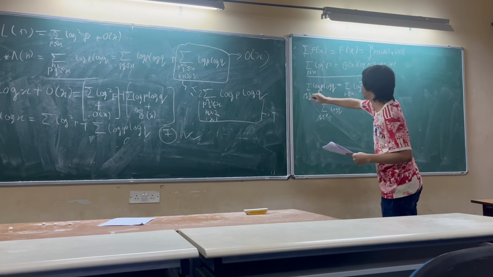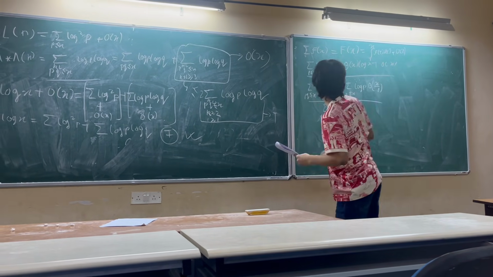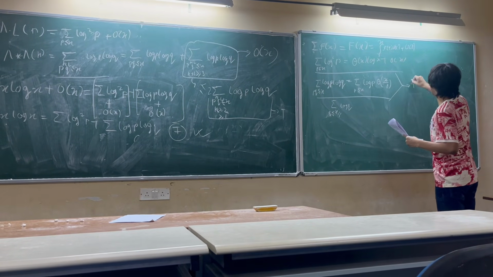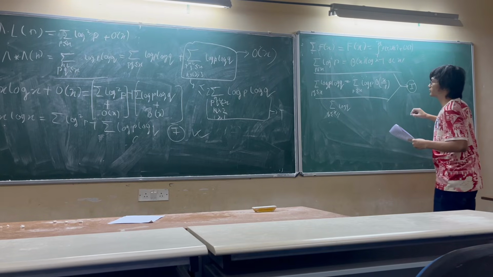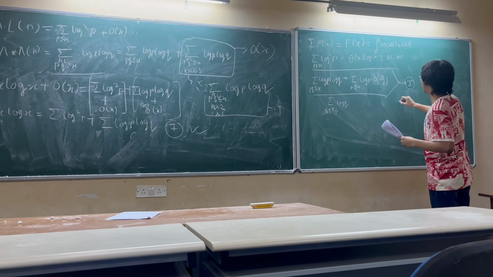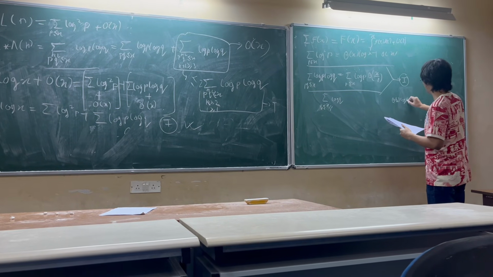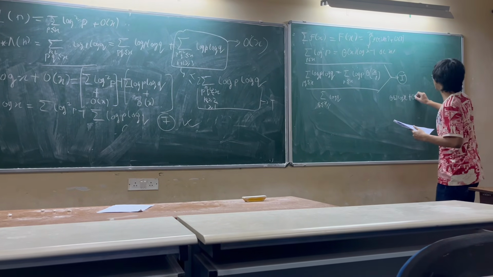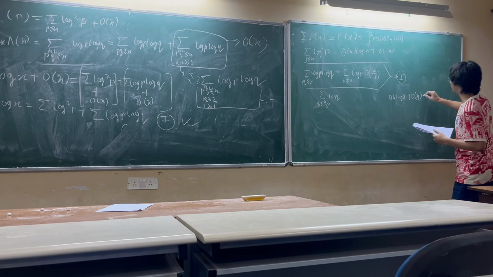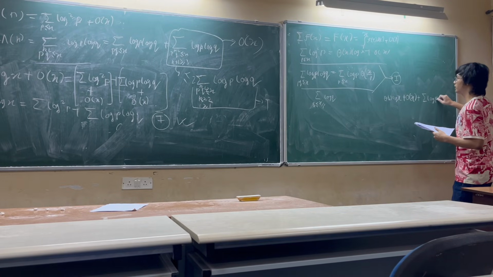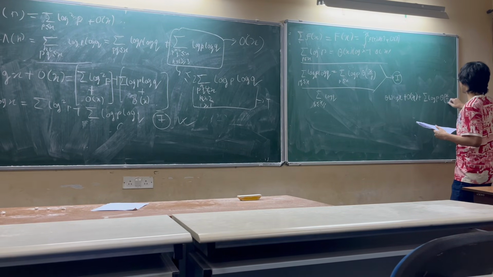Now, when you substitute these two results into the first formula, you get theta x log x plus something of the order of x plus summation of log p theta of x by p.